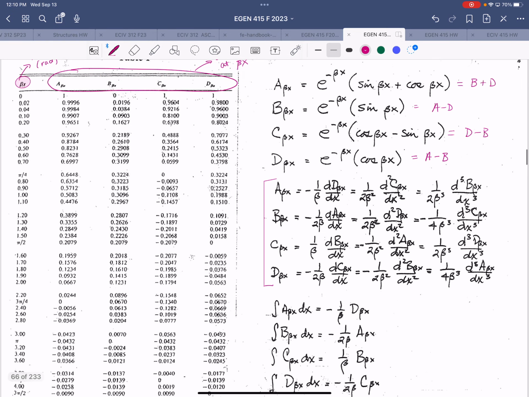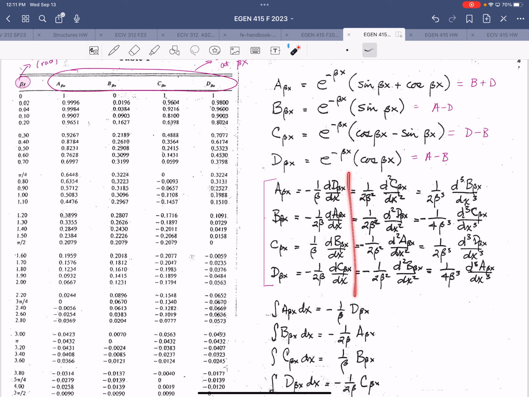And the way this is arranged, essentially, if you know what order of derivative you're evaluating, say the second derivative of moment is deflection, right? So you have your expression for moment in terms of A, B, C, or D, beta x. Then you want to take the second derivative of that to get deflection. You would say, okay, well, I have, let's say, the second derivative of C.